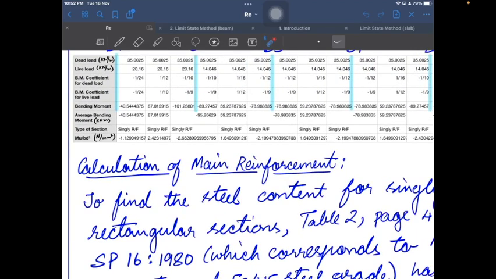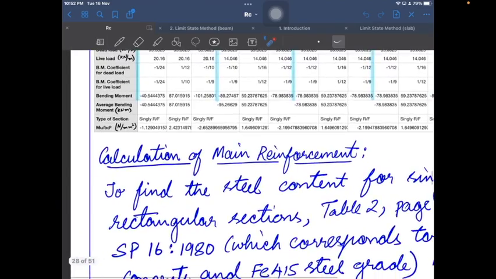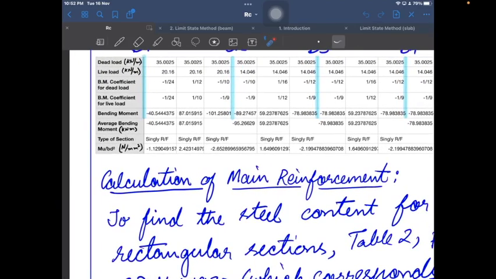Then the next thing that we have to do is we have to calculate Mu by bd squared. Keep a note of these things. b is nothing but 250, d is nothing but 379 ka whole squared, and Mu here is in kilonewton meter, so we have to multiply it with 10 power 6 to bring it down to newton millimeter.